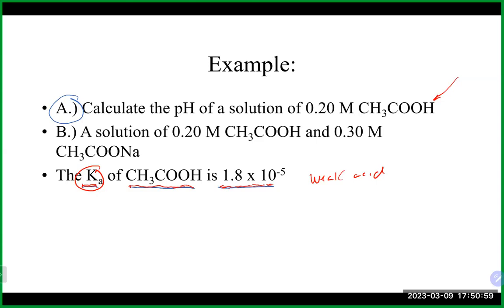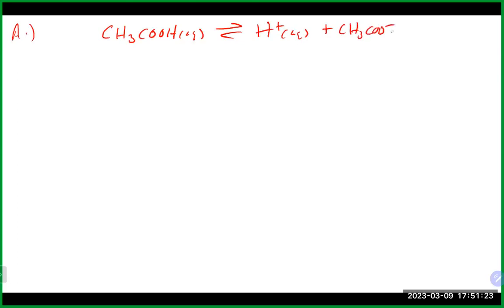So we would set up an ice table using the acetic acid as our dissociation reaction. So here for A, we're going to take our acetic acid and break it apart. And this equals a Ka value 1.8 times 10 to the minus 5.